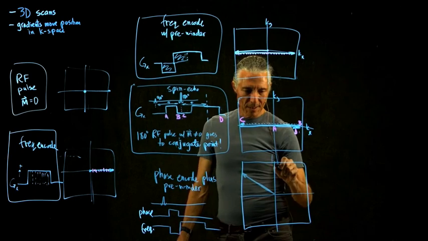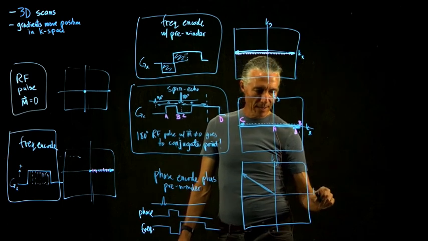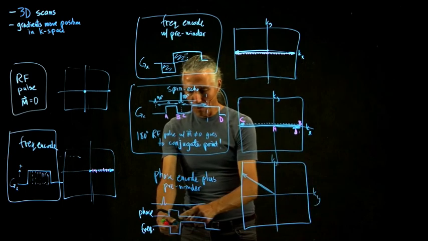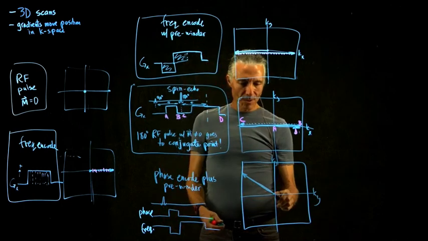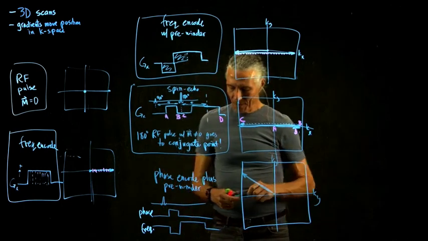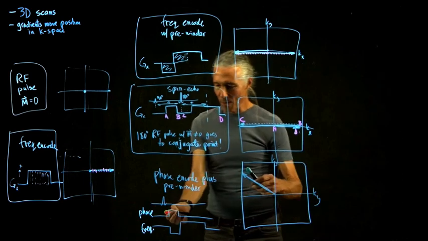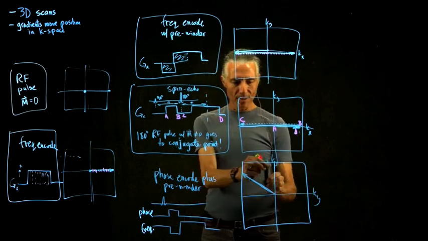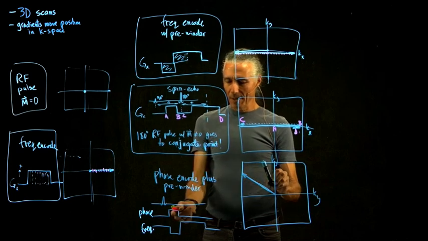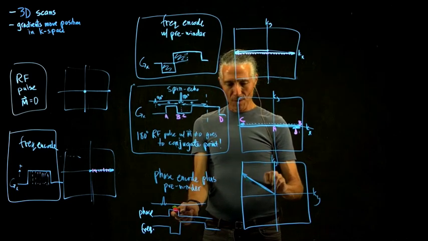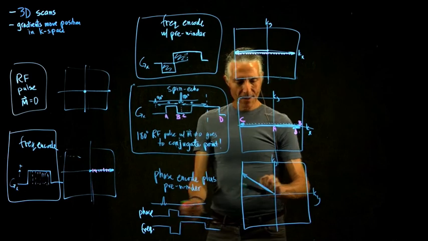So this is the KY direction, and here's the KX direction. When we put these both on at the same time, it will just move us along a diagonal direction, depending on how big they are. If this was a really big one, it would move us further up. If this was a small one, it would move us closer this way.